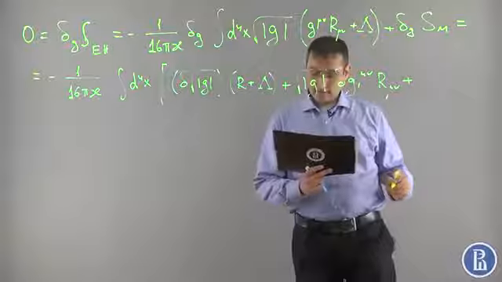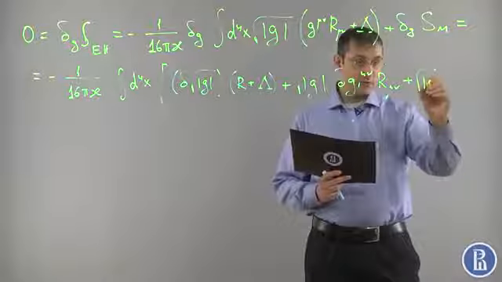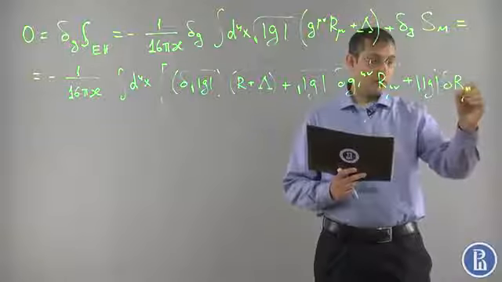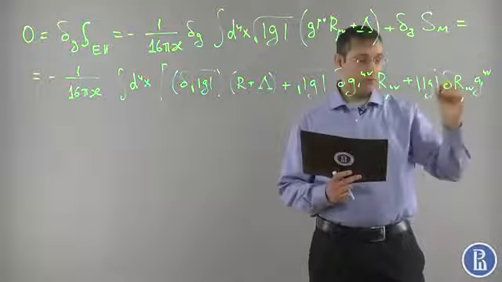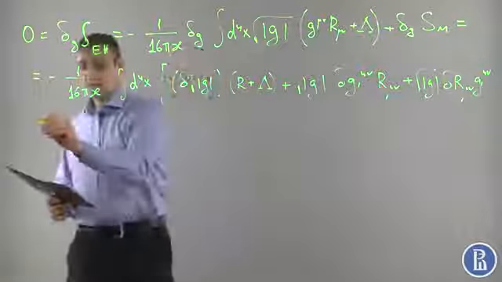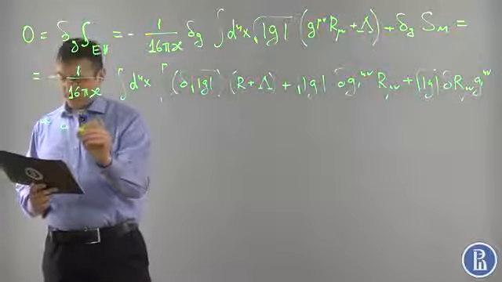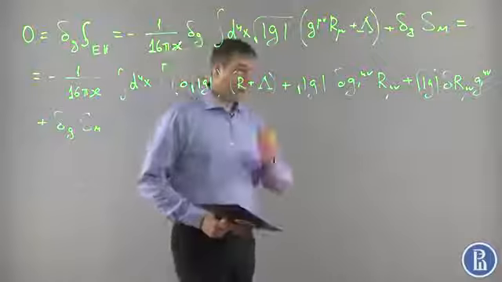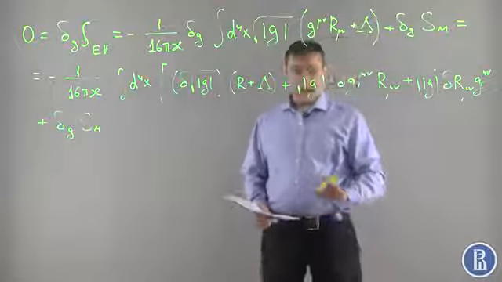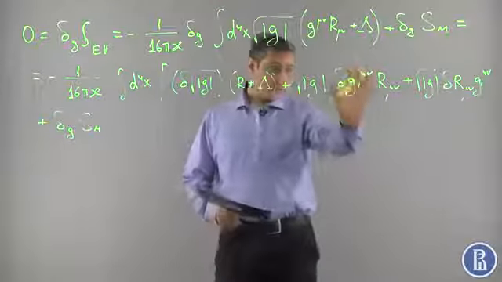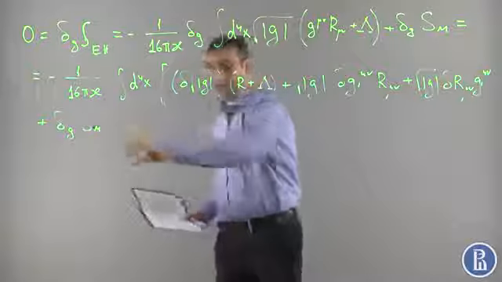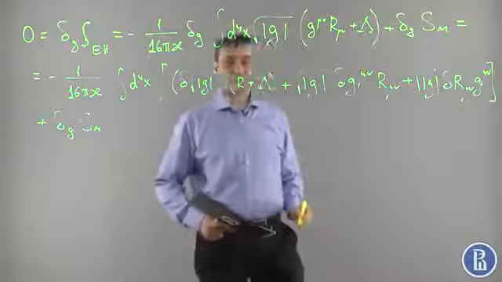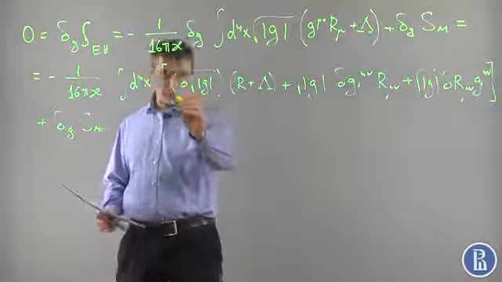Plus square root of modulus of G, delta R mu nu multiplied by g mu nu, and the remaining thing, delta G of S_m. So now we want to find each contribution separately, one after the other. Let us do this first.